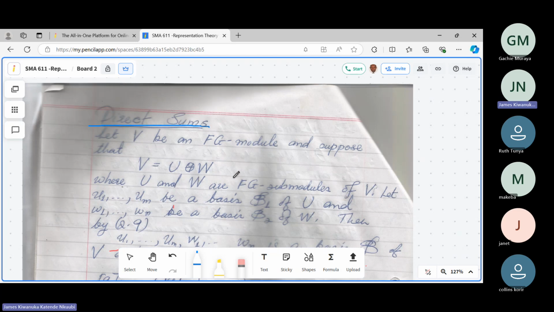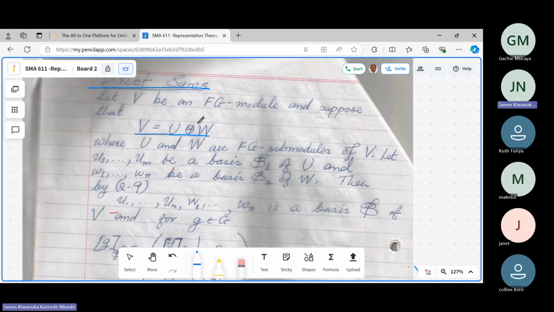I told you to check the linear algebra bit. That chapter also talks about direct sums of subspaces of a vector space. In this case, we're interested in subspaces that are also FG modules, and therefore we can call them submodules.